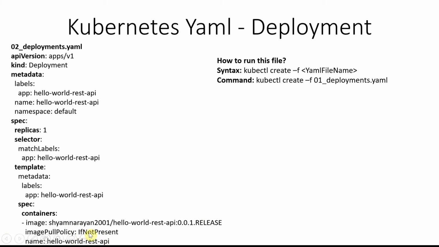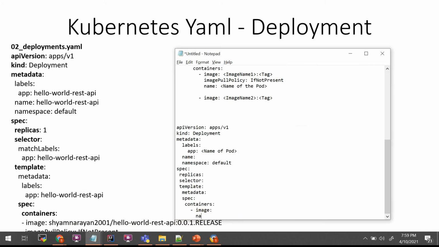So image pull policy means if this image is not already available, you're asking it to pull it. And of course the name. The name is important because when you do a get pods, this name is what is actually printed. It's a similar structure. If you understand this, it's the same copy, just that instead of ReplicaSet, it is Deployment here.